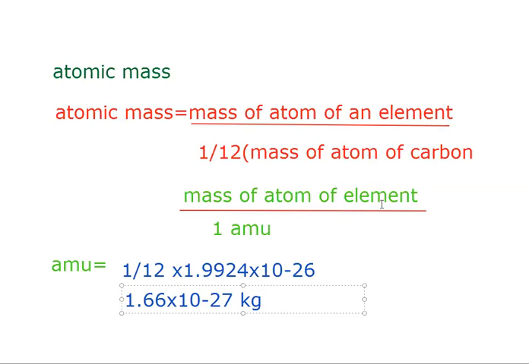Okay, so hence we can say that the atomic mass unit has the value 1.66 into 10 raised to the power minus 27 kg.